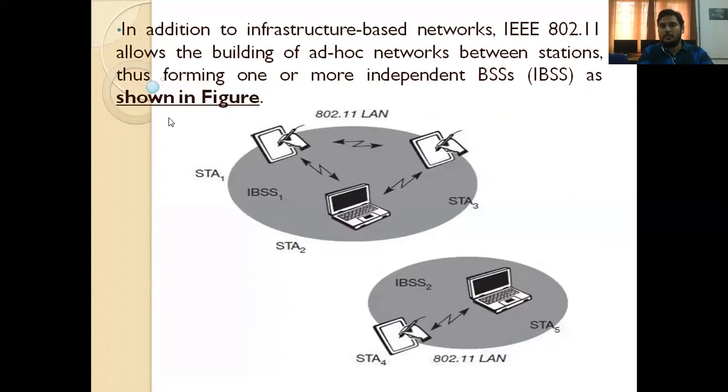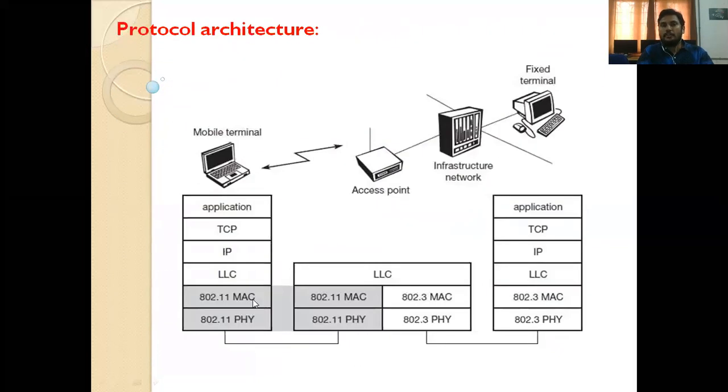And coming to the protocol architecture, we have the mobile terminal, access point, infrastructure network and fixed terminals. In the mobile terminal, the application, TCP, IP and LLC are common for both mobile terminal and fixed terminal. The difference is that in the mobile terminal and the first part of the access point we use 802.11 MAC and 802.11 physical, while the second part, connecting to wired, uses LLC with MAC.